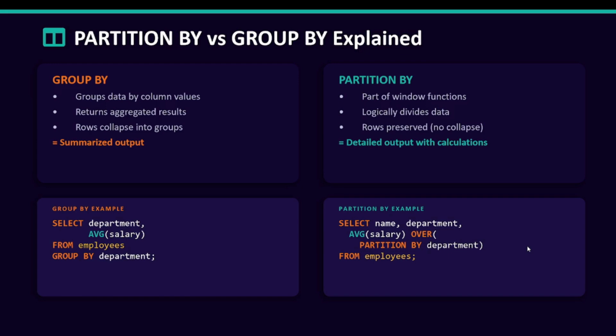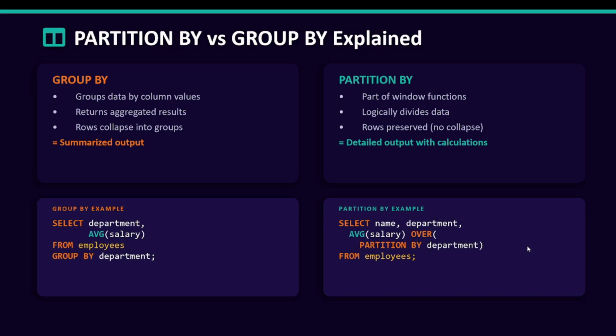Every single row in your table is preserved in the output. What partition by does is logically divide the data into partitions or groups behind the scenes, perform the calculation within each partition, and then attach the result of that calculation back to every individual row.